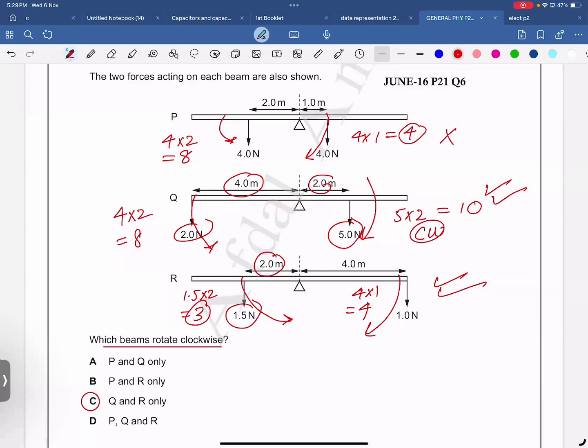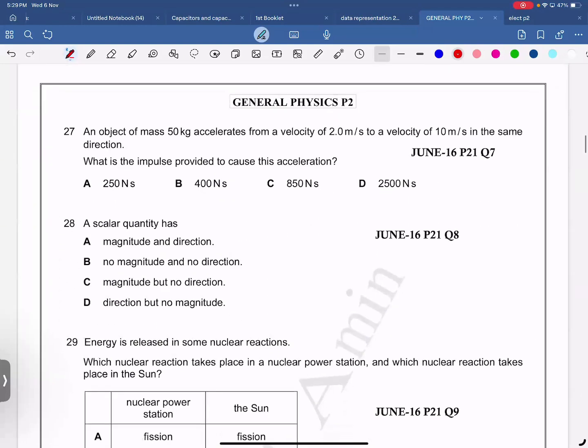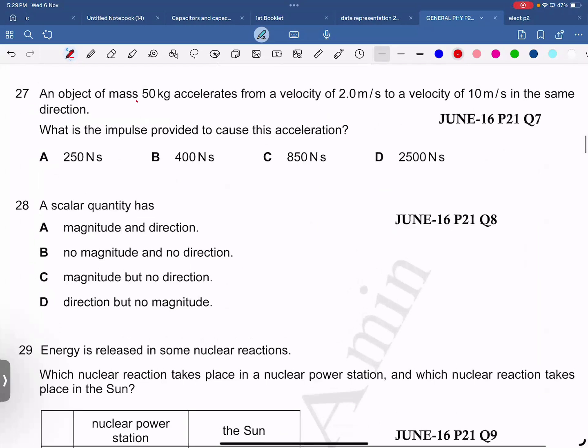Next question. 27. An object has mass 50 kilograms, accelerates from velocity, this means initial velocity, is 2, to a velocity, this means final velocity, is 10, same direction. What is the impulse? Impulse is called change in momentum.